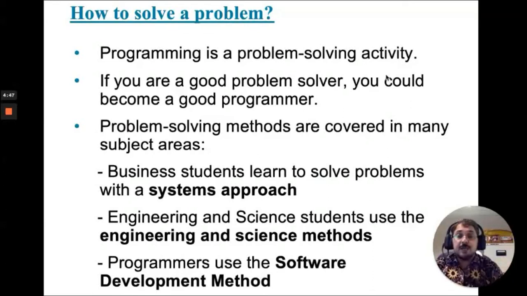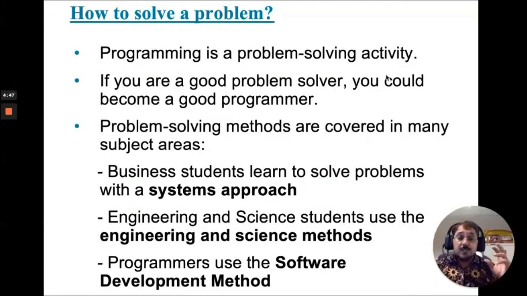If you think about, let's suppose, Facebook, at that time the problem was how people can share things with each other, and how people from different locations can be socially linked to each other. So someone understood the problem and tried to provide a solution, and we got Facebook. In the same way we got WhatsApp, Twitter, Instagram.